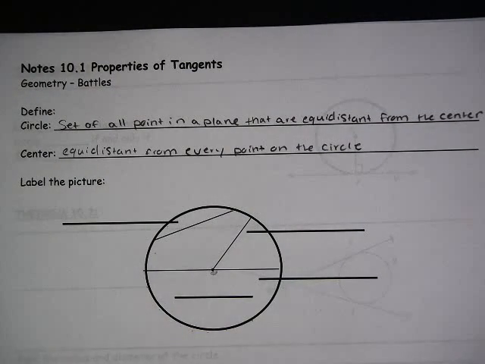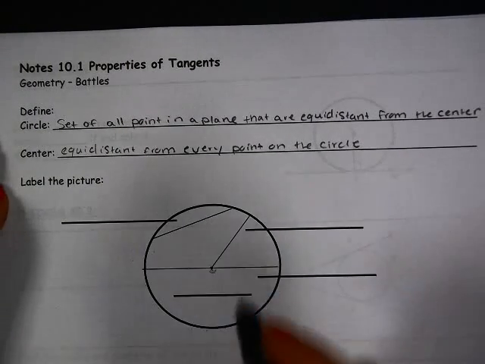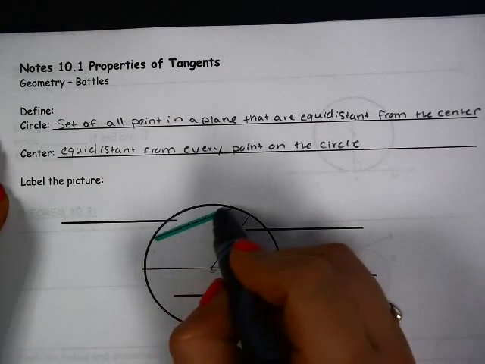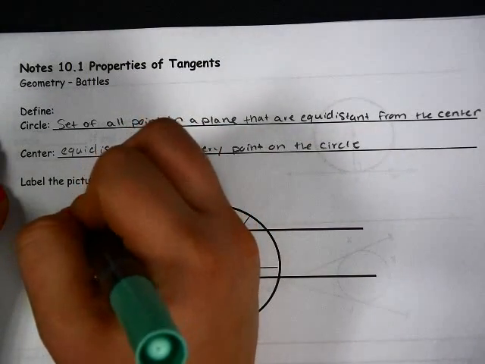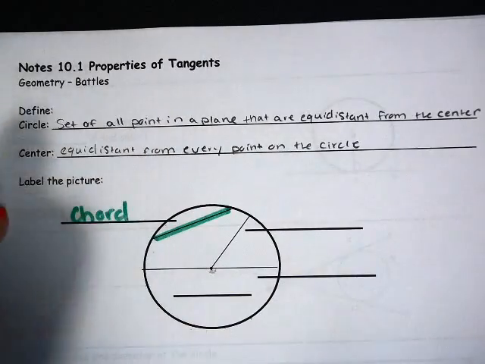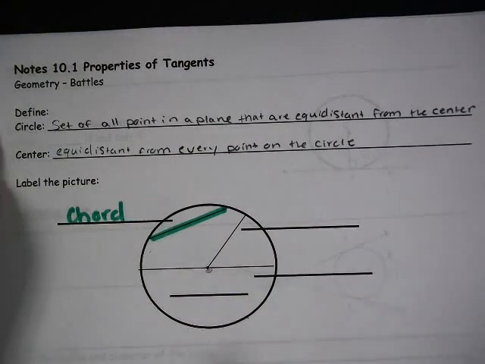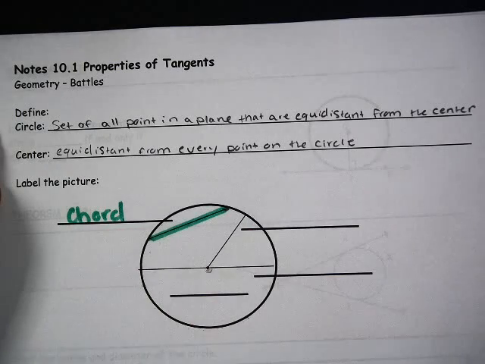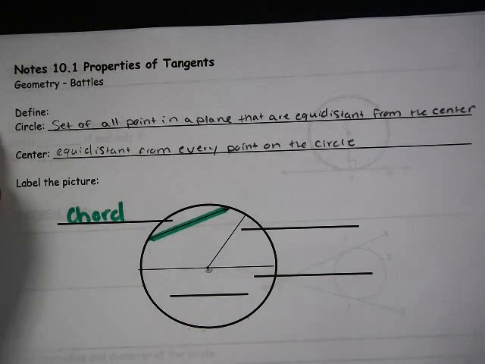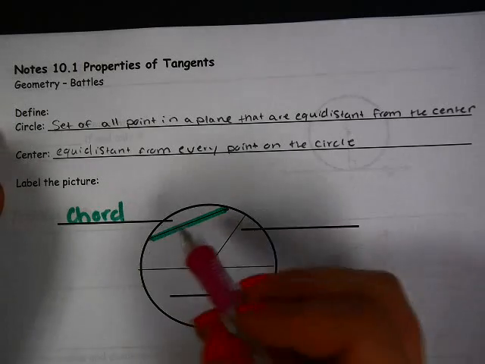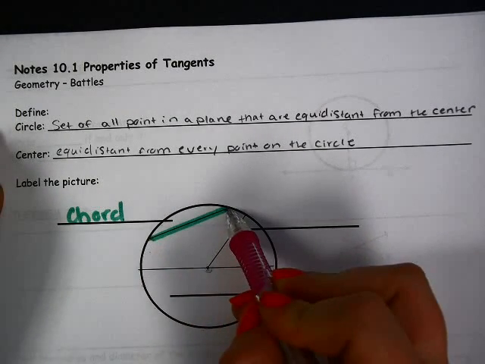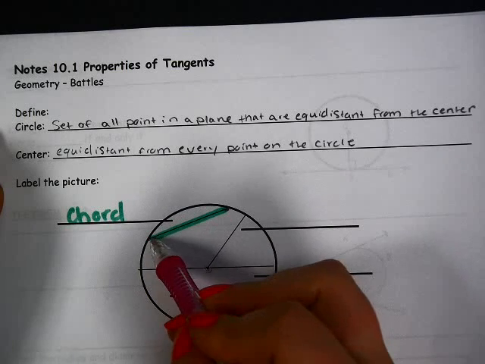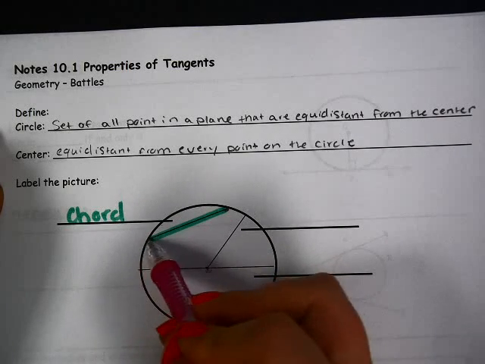Alright, the next vocab that I'm going to teach you is called a chord. A chord is a line segment that lands on the circumference of a circle. So it's not going to go through the circle.